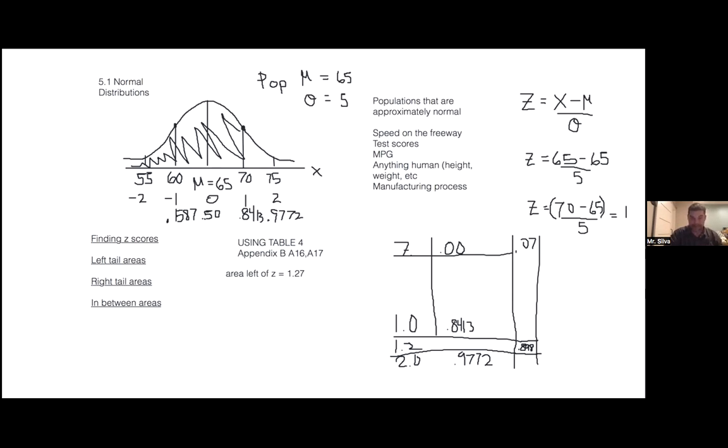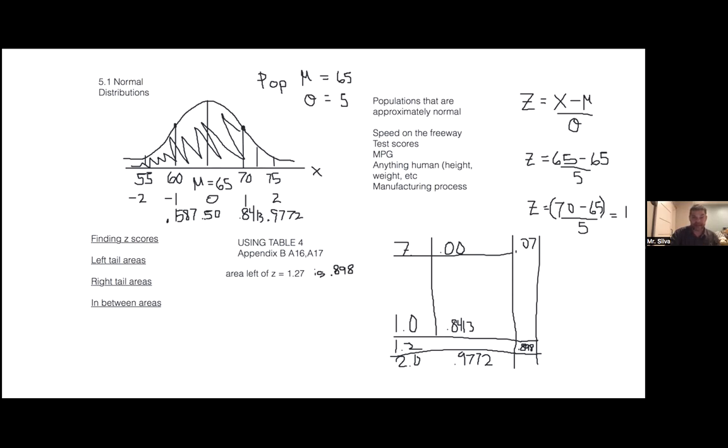Okay, I like to just say that the area left of z equals 1.27 is 0.898, instead of putting an equal sign, because it's confusing if you do it like that. And this again represents the area. So 72 right over here, 72 is between 70 and 75 miles per hour.